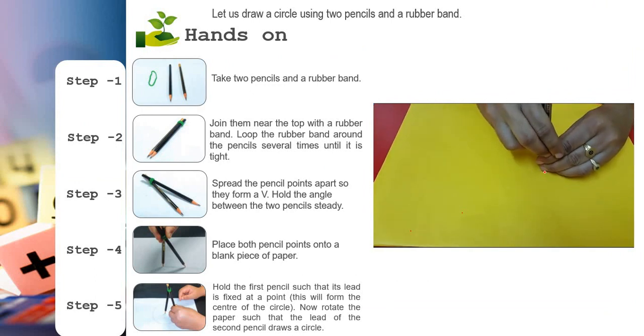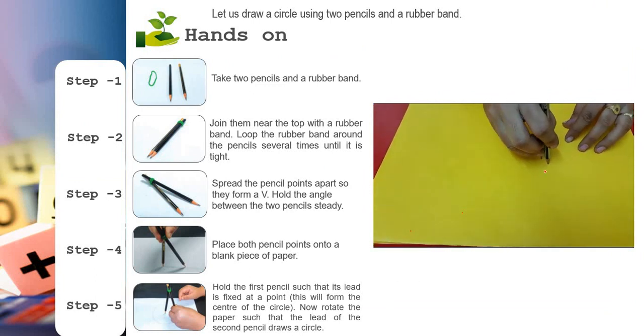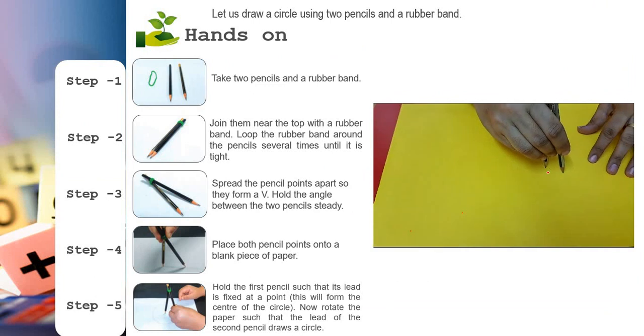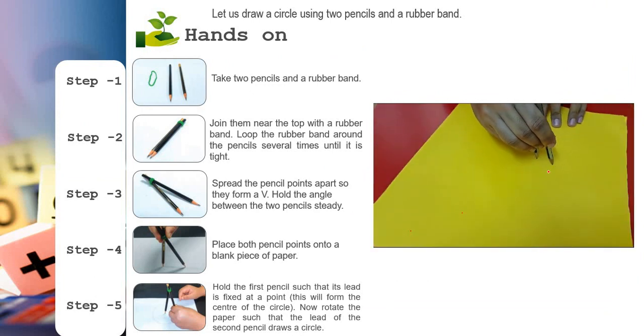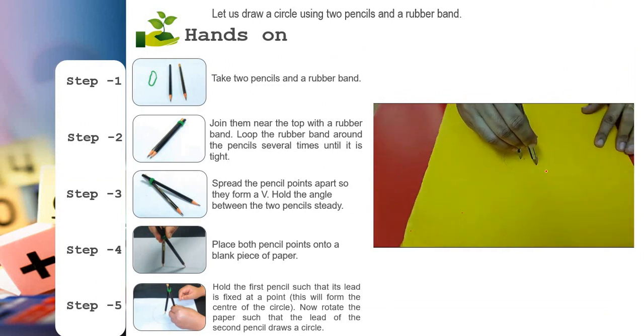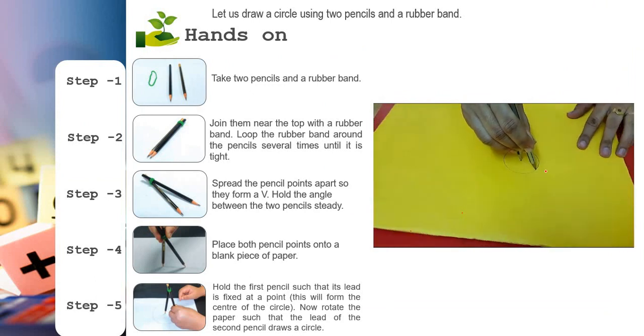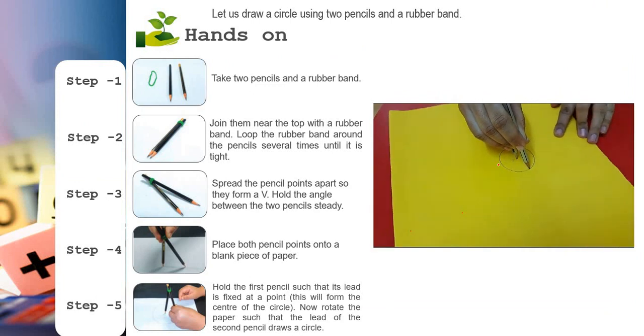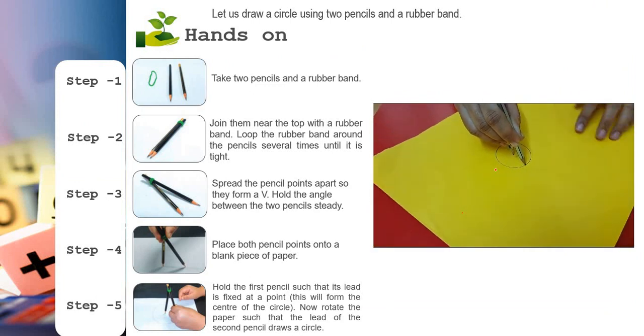Hold the first pencil such that its lead is fixed at a point. This will form the center of the circle. Now rotate the paper such that the lead of the second pencil draws a circle. Did you observe, children? Yes.